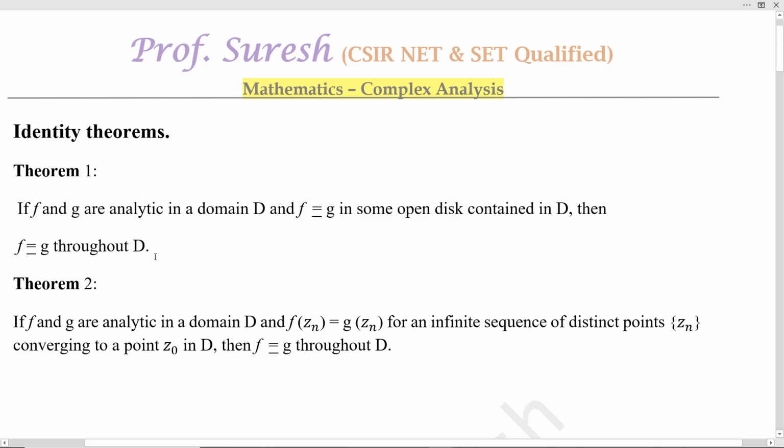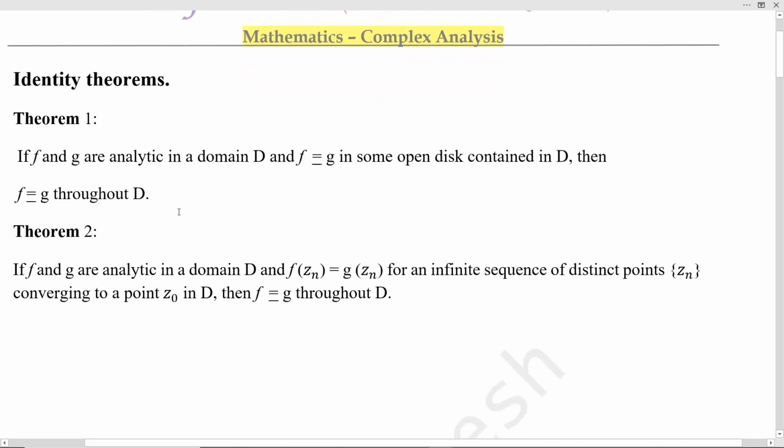D. Okay. In the second theorem, instead of some open disk, here we are taking an infinite sequence of distinct points. So for these points, f of zn equals g of zn.